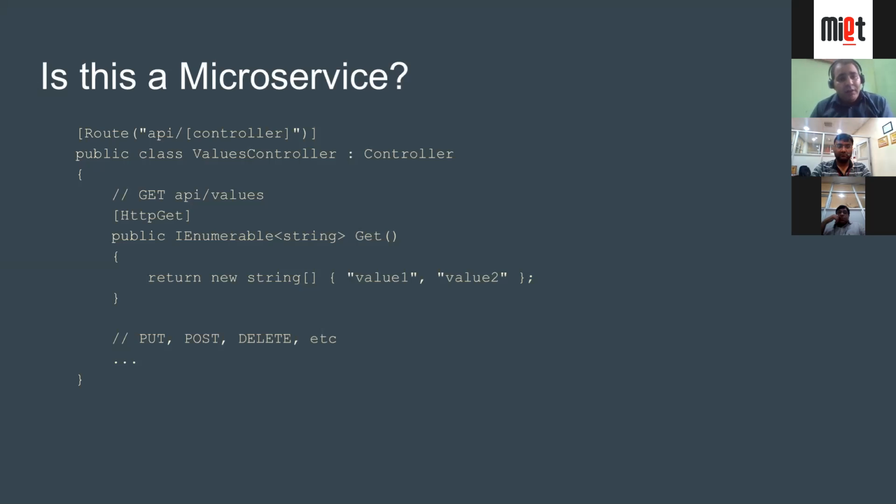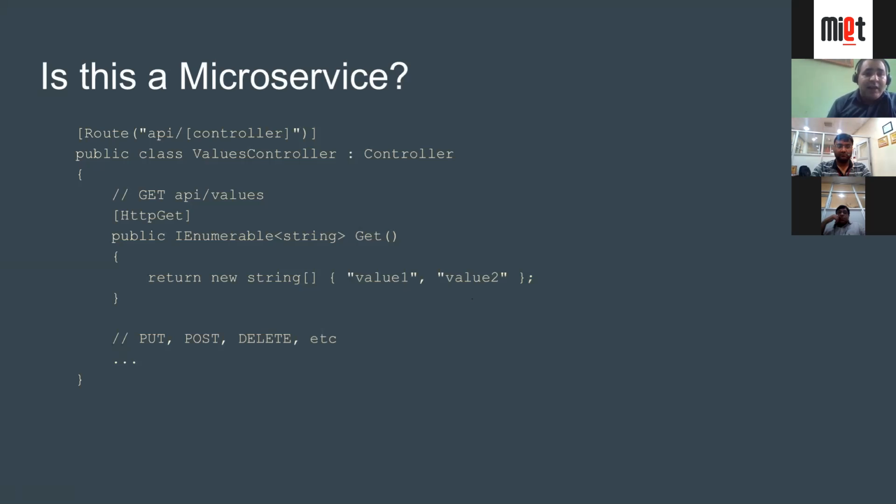So will you call this architecture a microservice? I will say definitely it is not a microservice architecture, because it is a simple controller which is getting the data. We wish to know how we are getting the data from the backend. Suppose here I have hard coded value 1 and value 2. If I have to get these values from a backend service, how will I do that?